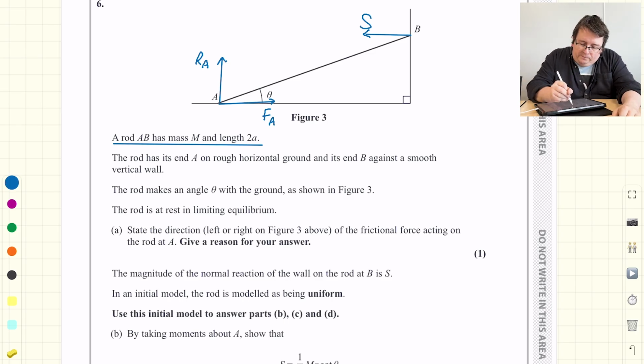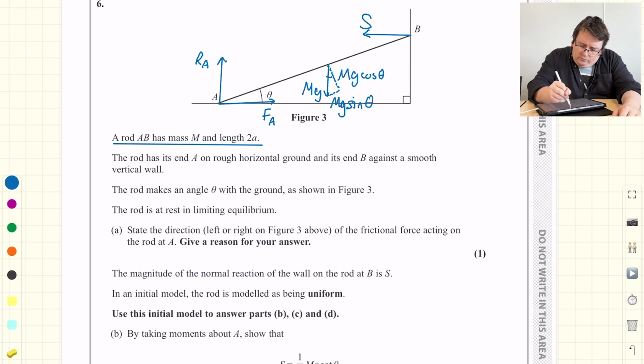So now that I know it's uniform, I can put the centre of mass at the middle, and we can have the weight acting vertically downwards, which will be mg. Actually, let's move that. Have a little right angle triangle, mg, and so then we've got mg, and that's the opposite to the angle, so sine theta, and mg cosine theta as the adjacent side.